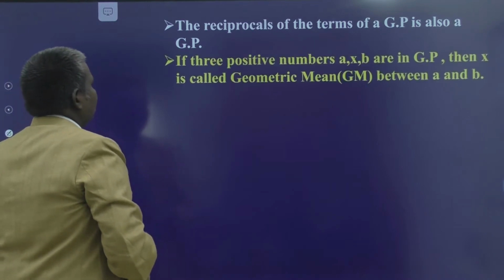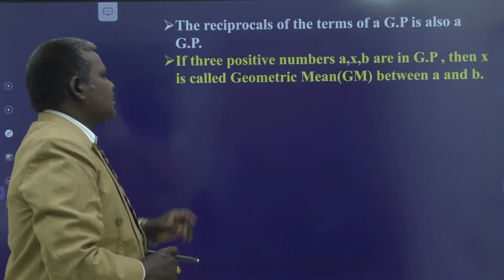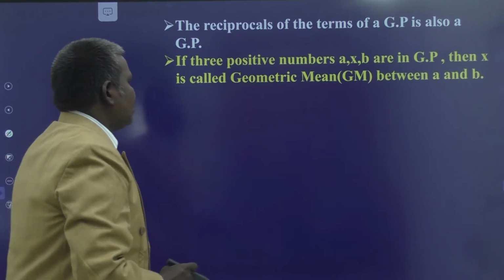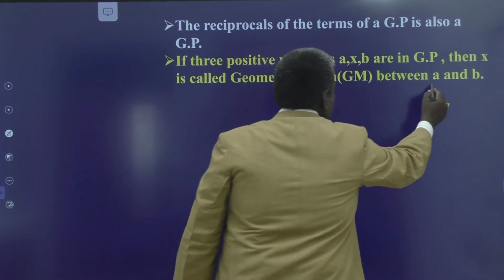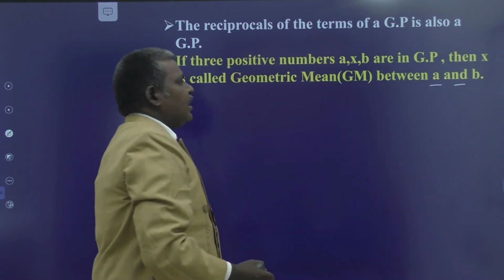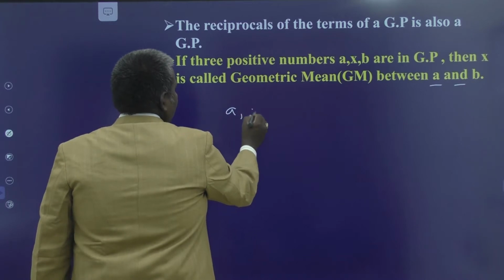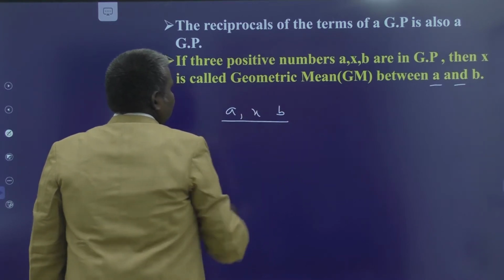Next one. If three positive numbers A, X, B are in geometric progression, then X is called the geometric mean between A and B. So what are the three numbers here? A, X, B are in geometric progression.